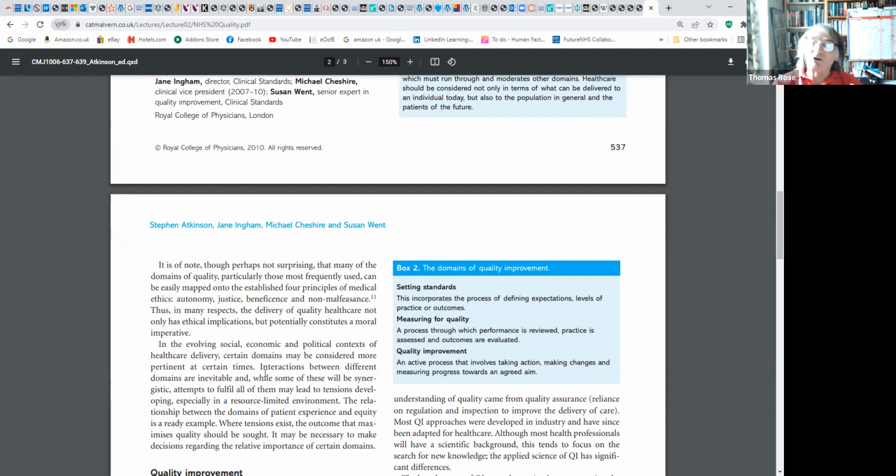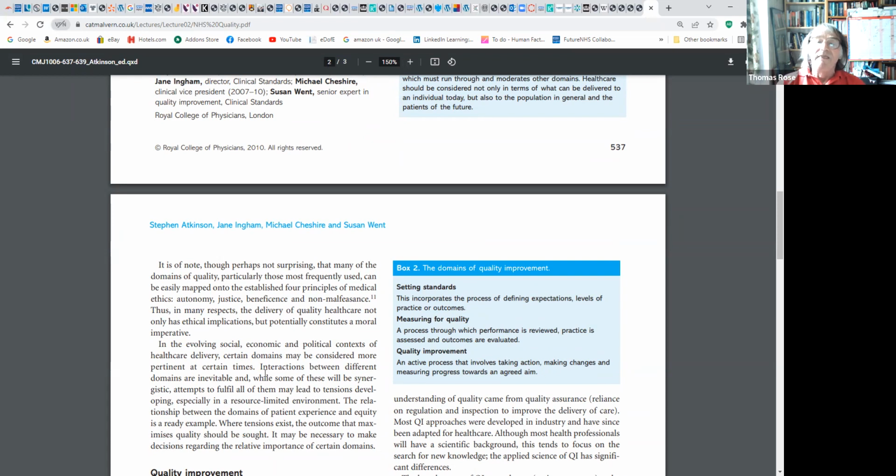Now that's crucial to quality management. You've got to have a standard that you can work to, and it's a standard that doesn't change every 5 minutes. It's a standard that's changed after a major review.